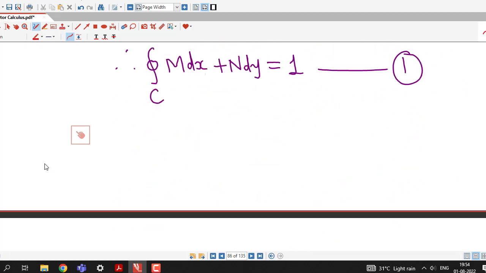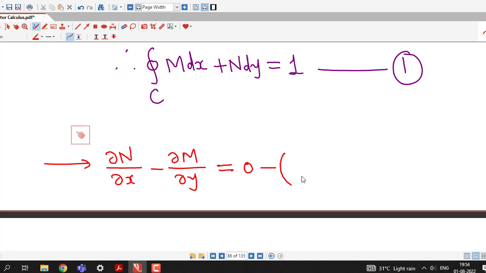So first we write down what is this del n by del x minus del m by del y. So as I discussed, n is independent of x, therefore its derivative is 0. M equal to x minus sin y, derivative of x is 0, derivative of sin y is cos y, so this is cos y.